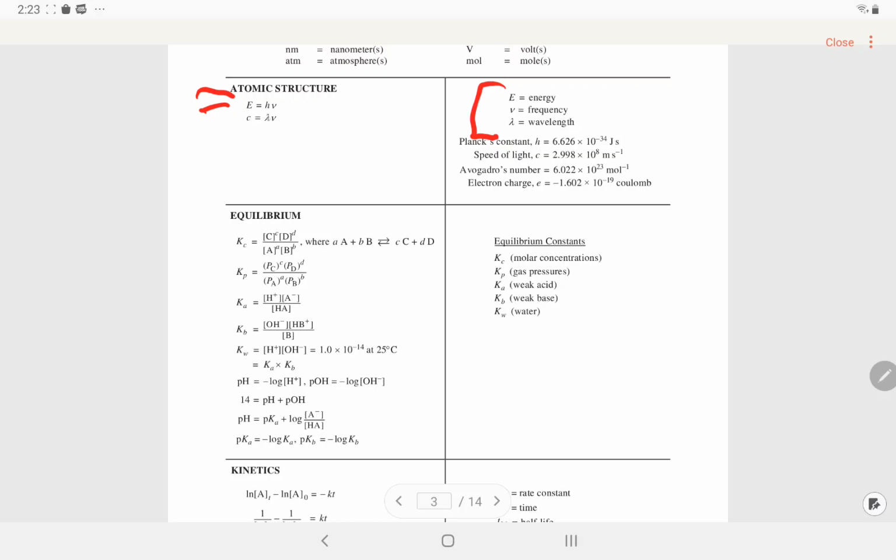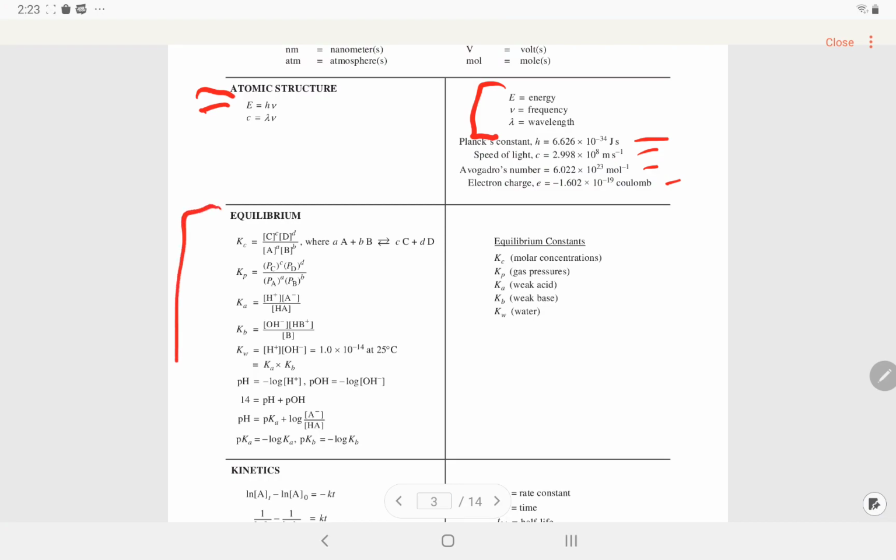So here E is energy, and then you've got these different symbols here for frequency, nu, wavelength, lambda, and whatnot. They give you the constants that you'll need for specific equations depending on what they give you on the exam. And we're going to talk about the structure of the exam for this year as well.